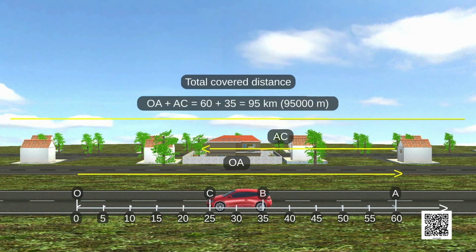So, the total distance covered by the car equals OA plus AC equals 60 plus 35 equals 95 kilometers.